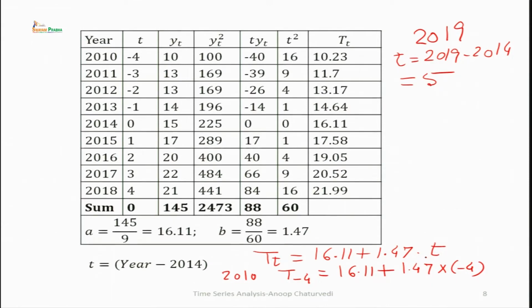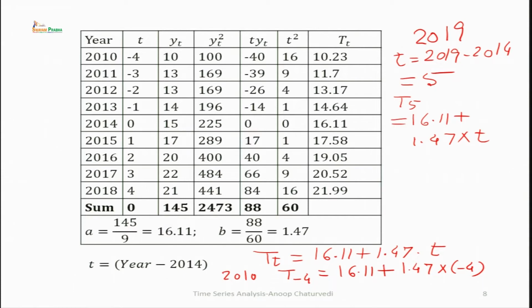So, in this equation, you simply take t equal to 5 and then you can easily calculate the value of T t. Similarly, you can predict the trend values for 2020 or 2021 also. So, that is the main advantage of this method of mathematical curve fitting.